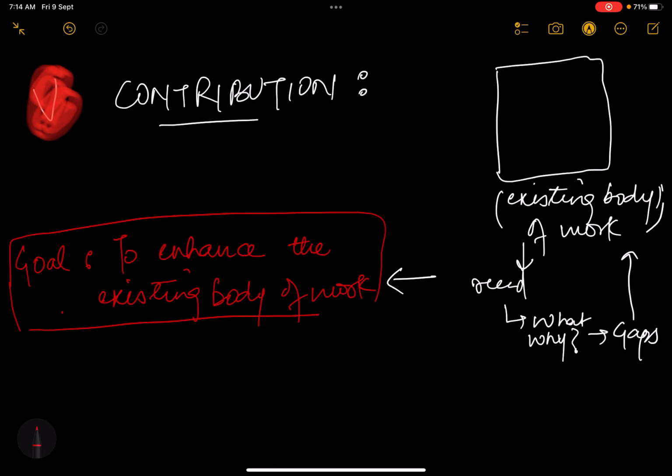It is simply saying that whatever you're working on, there will be an existing body of work, right? You read and find out what can be done, and then you say that these are the gaps, and then you provide a solution for it, right? The ultimate goal is to say that we are enhancing the existing body of work, which means you have to recognize, read, and know about what other people have done, and then say where you come into the picture.